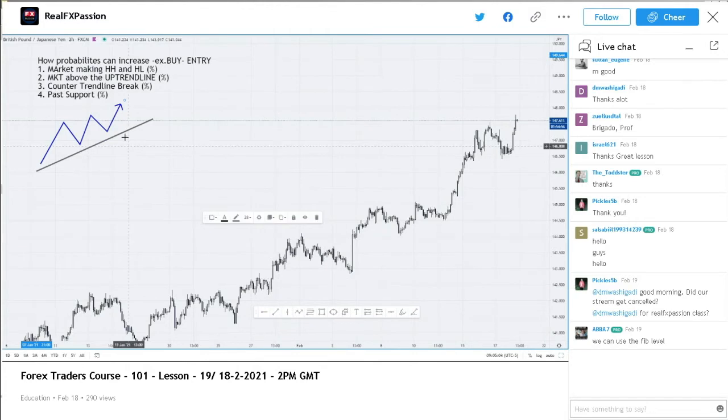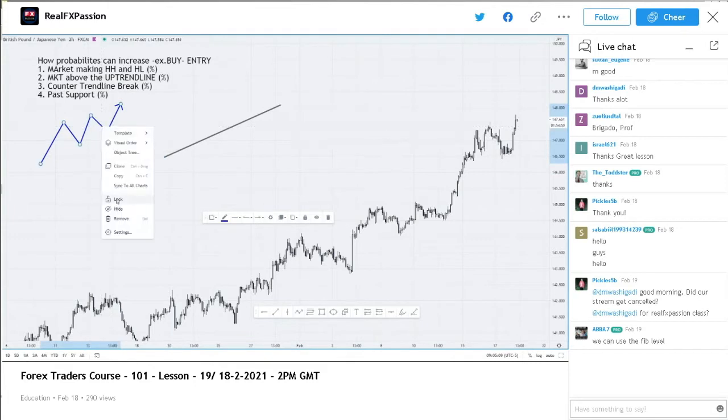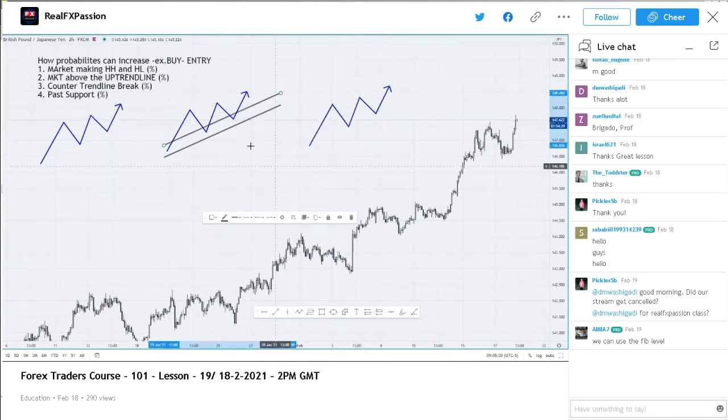So we have different scenarios. We can clone this zone and put it in here. So this would be 1, 2, and we can clone one more, 1, 2, 3.